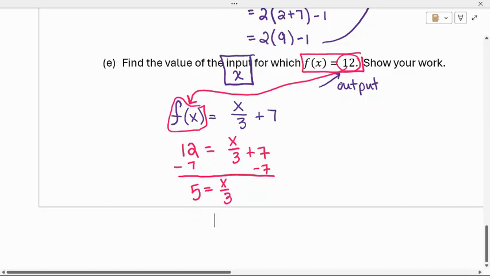How do I get rid of a divide by 3? What's the inverse or the opposite of divide by 3? You multiply. And whatever I multiply by on one side, I have to do on the other side. Good job. So I find out that 15 equals x. So f of what equals 12? F of 15 equals 12.